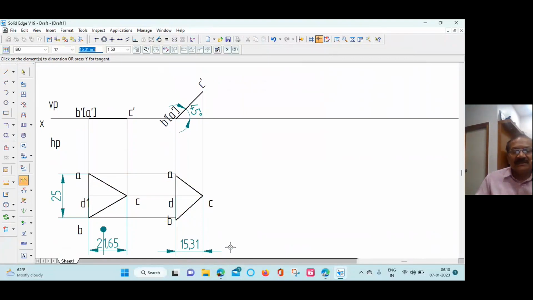So length of the median is changing from 21.65 to 15.31. When the length of the median, or the length of the reference edge, is changing in the third question, we have to find out the beta angle. This is one important thing we should remember. Most of the students will be under confusion about when to find out the beta angle. When the edge of reference is changing its length in the third question, we should go for one more angle, that's called beta angle. Okay, now we'll go to that.